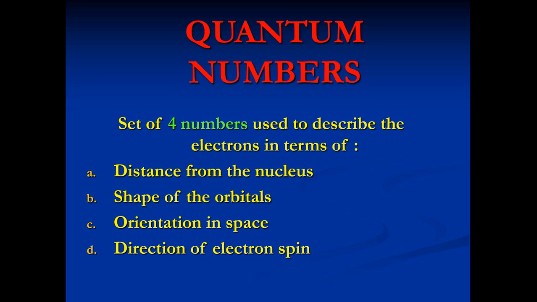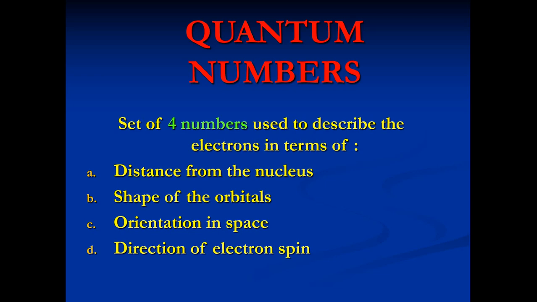So these four quantum numbers describe the electrons in terms of the following. Number one, they identify or define the distance of electrons from the nucleus. Generally, in the structure of the atom we have what we call the nucleus and shells.